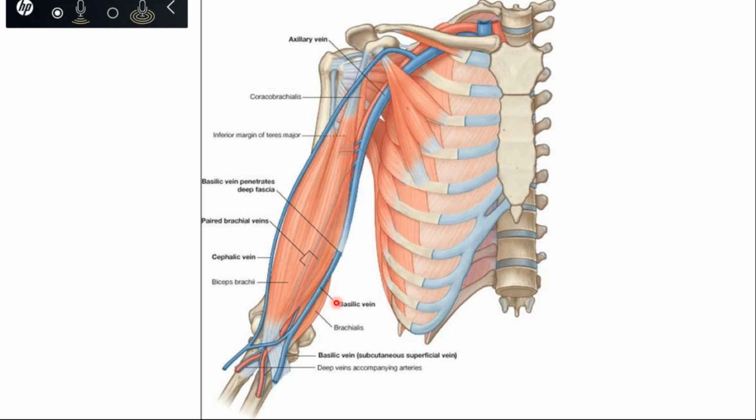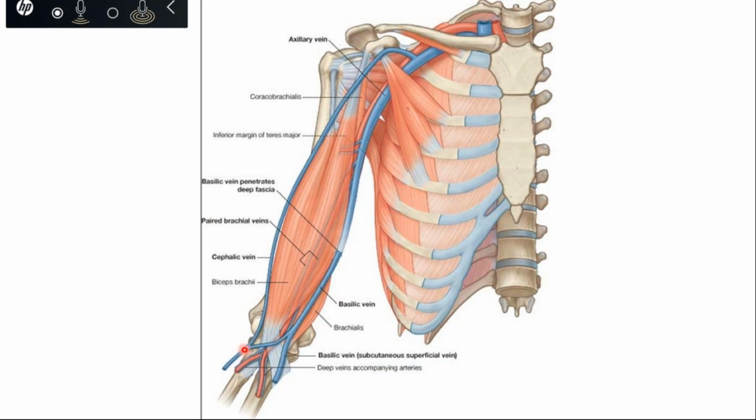So here, first concentrate on the cephalic vein. Now you know that it is in the lateralmost part. You can see that the cephalic vein arises from the lateral aspect near the anatomical snuff box, and then it goes laterally in the forearm.